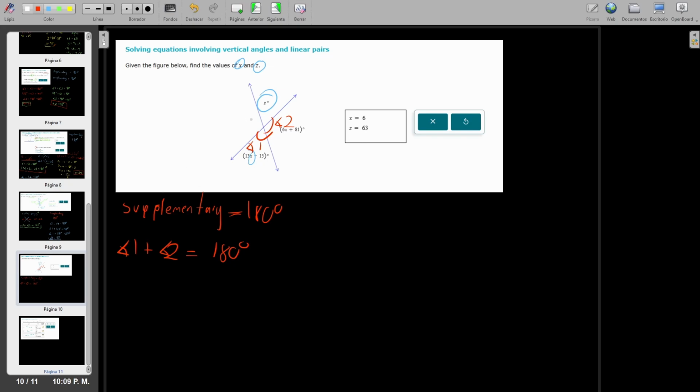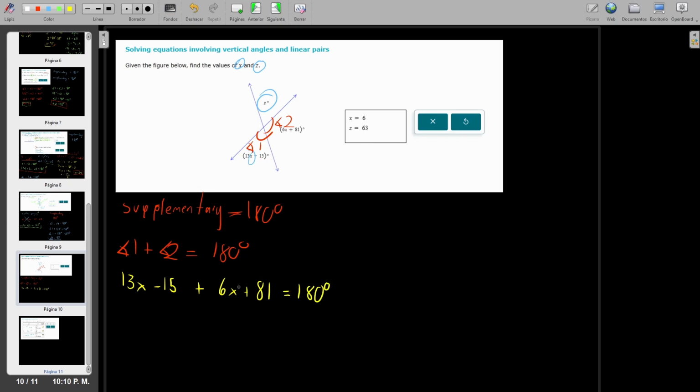Now we only substitute angle 1 using this one. It's going to be 13x minus 15 plus how much? 6x plus 81 is 180 degrees.